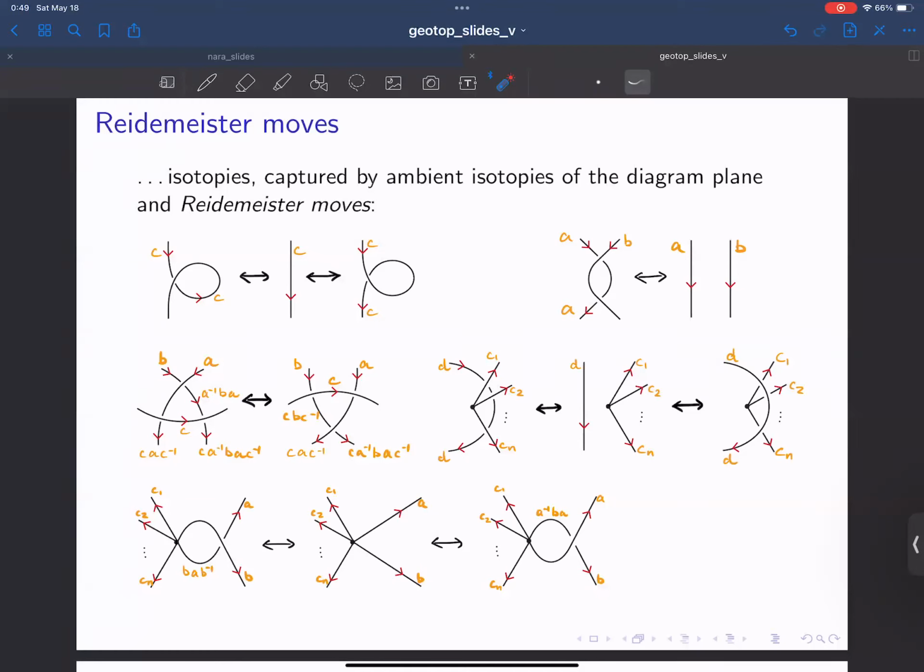Sure. Maybe, I don't know if Randy is still with us. Maybe he has a comment on that. Do you have any project to apply this piece of mathematics to actual defects in nematics?